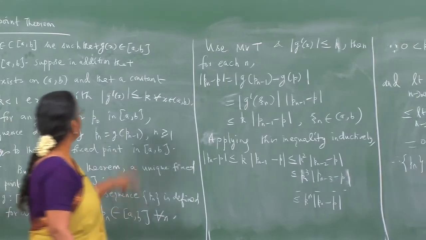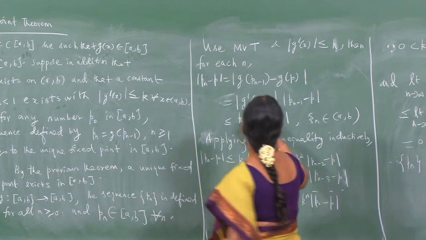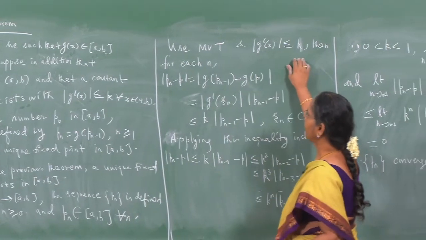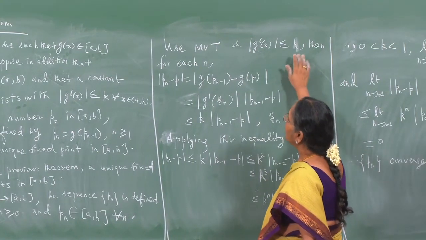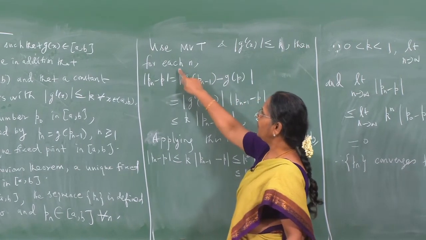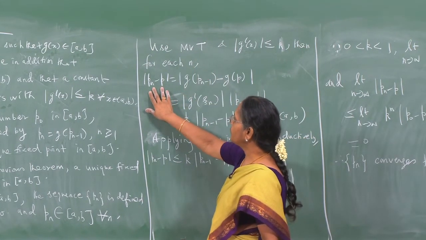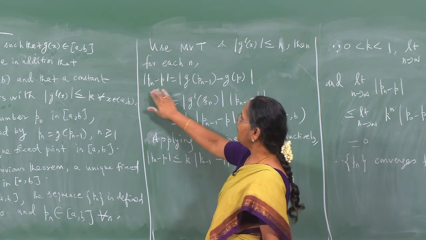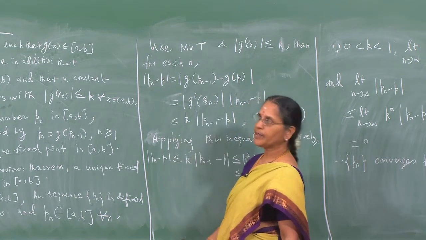And now use the fact that modulus of g dash of x is less than or equal to k. So, for each value of n, let us find the difference between Pn and P in absolute value.